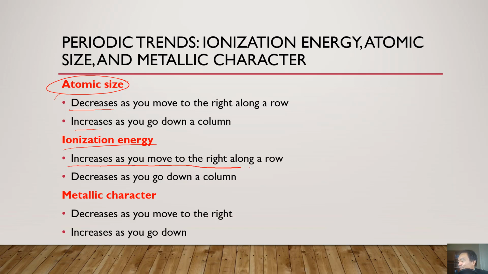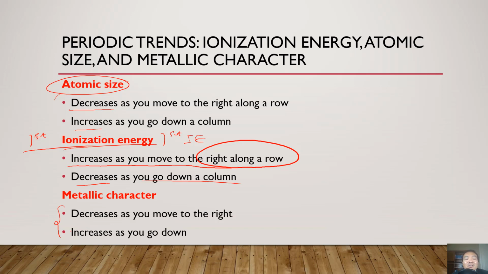From left to right, you will have the first ionization energy. You can emphasize it's the first electron, so first ionization energy, first IE. It actually increases from left to right. From top to bottom, it decreases. For metallic character, what is metallic character? It means, do you behave more like a metal?